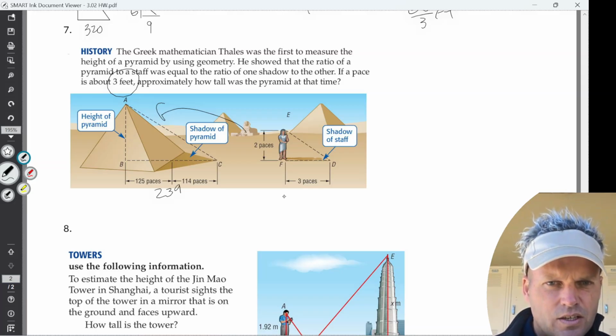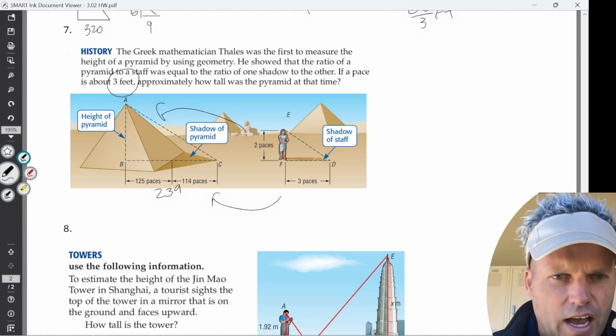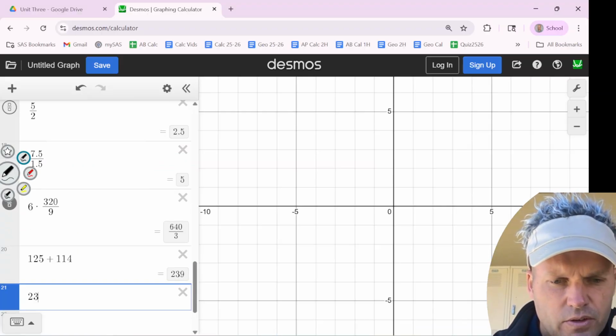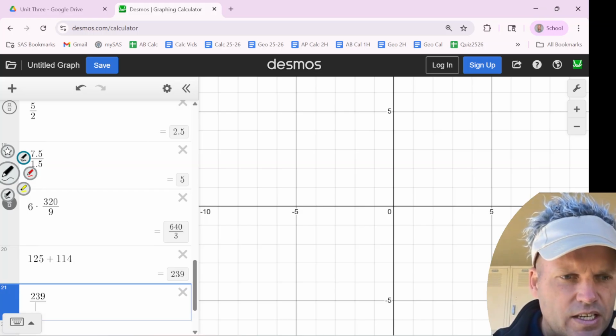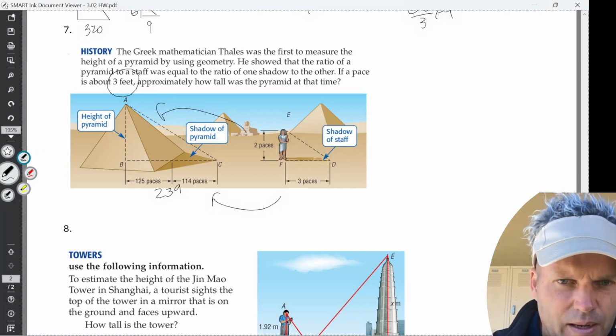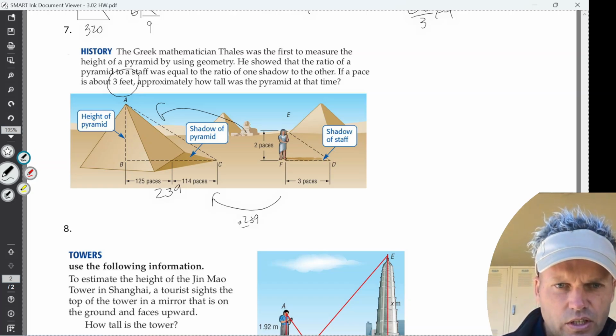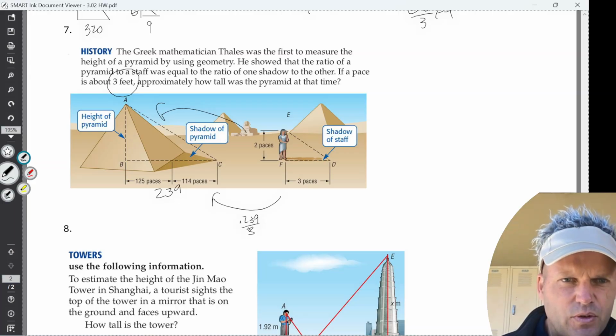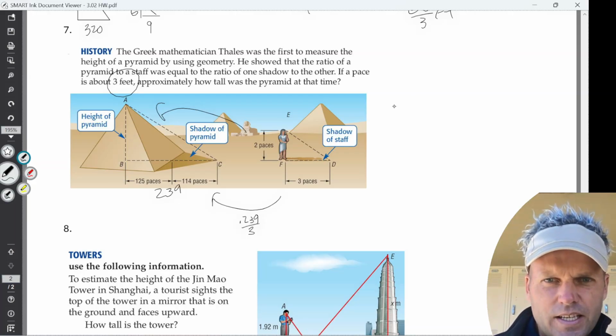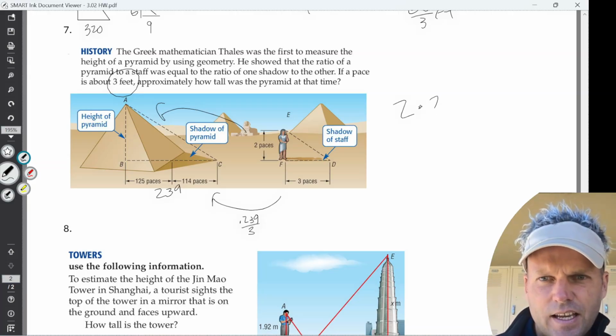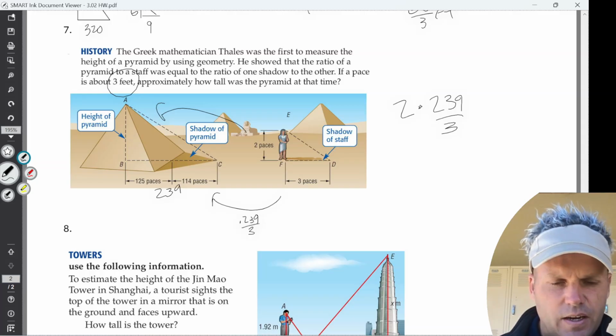We can see the relative size is that the pyramid will be 239 divided by 3 times the size. It's not a nice number, so I'll just leave it as 239 divided by 3. So I'm going to take the 2 paces of height and multiply it by 239 and divide by 3.